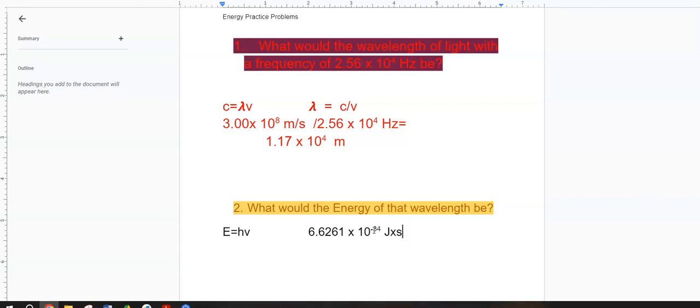That's a good fun one. And so all we're going to do is multiply that times our frequency, to the 4th, right? Okay, so hopefully you go ahead and work that out.